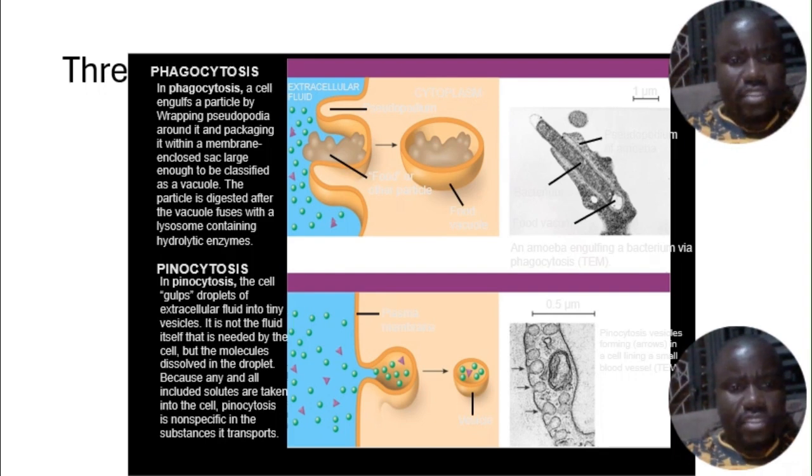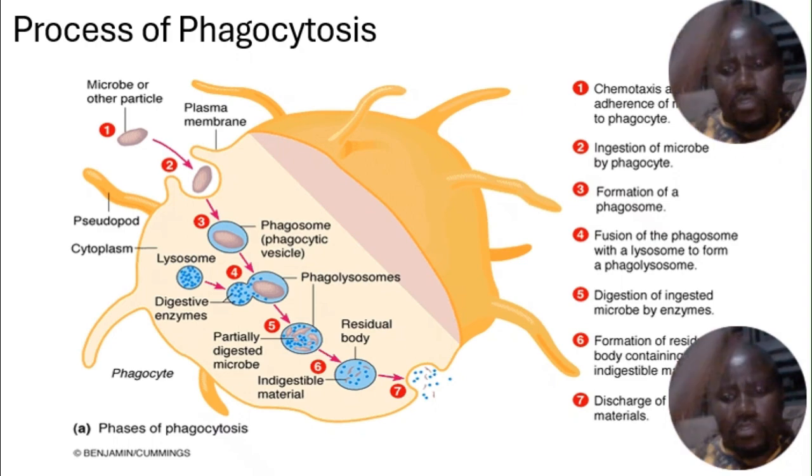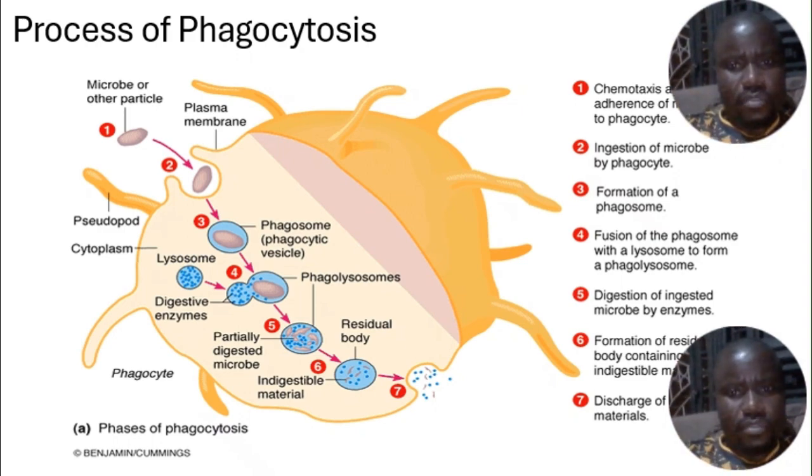And so these are illustrations for phagocytosis, and it also illustrates that special cells like white blood cells tend to use phagocytosis as the mechanism of endocytosis to actually perform their differentiated function.